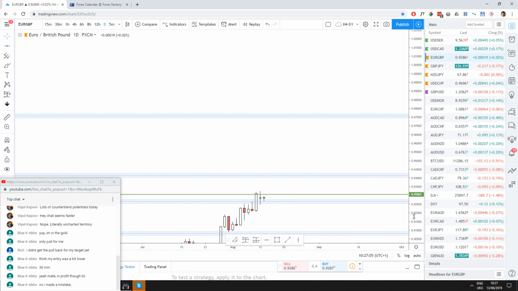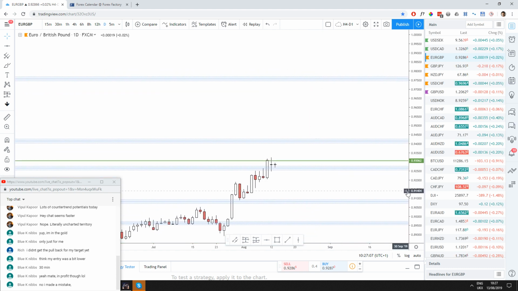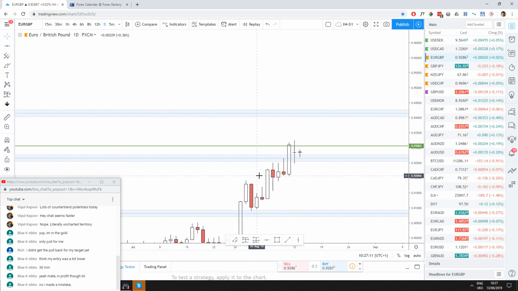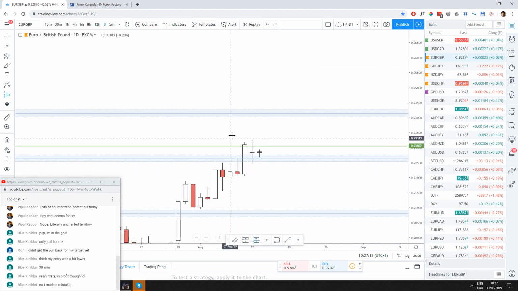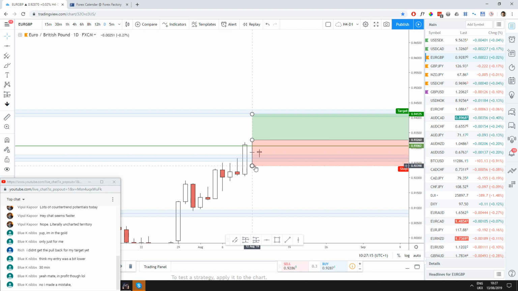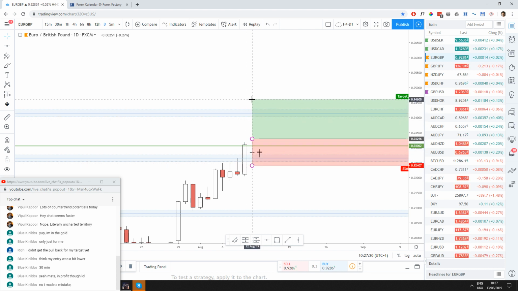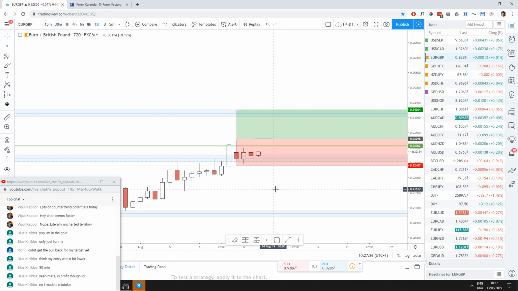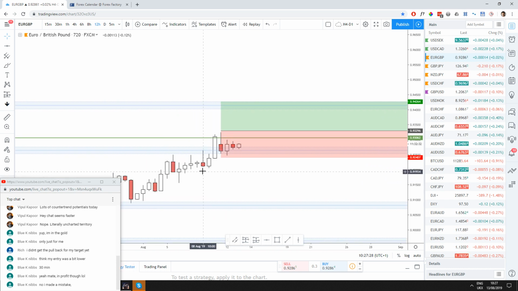So another potential trade here, the long version, if price starts pushing up. If price starts going down, I'm looking for a short. But if price starts going up, I don't really like it that much.